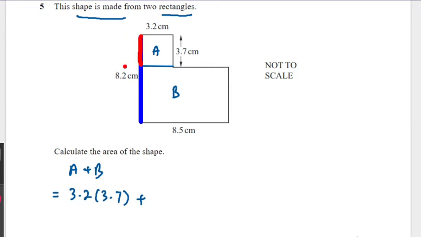So if you subtract 3.7 from 8.2, you get the remaining length. So the width of rectangle B is 8.2 minus 3.7, which equals 4.5, right? Okay, 4.5.